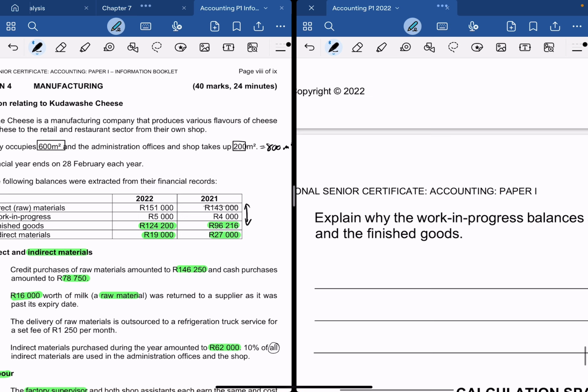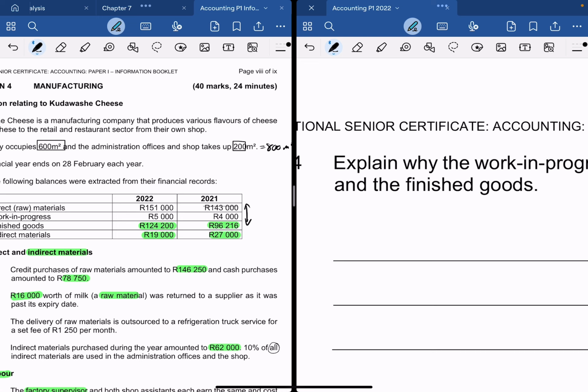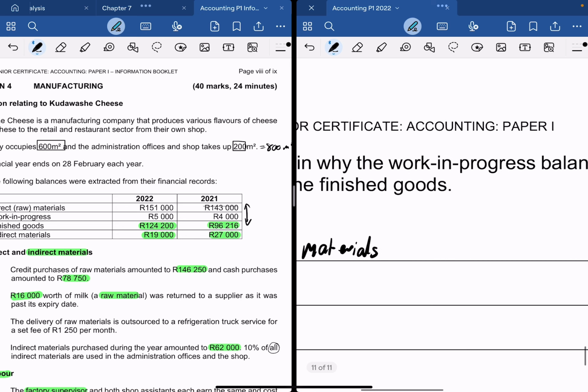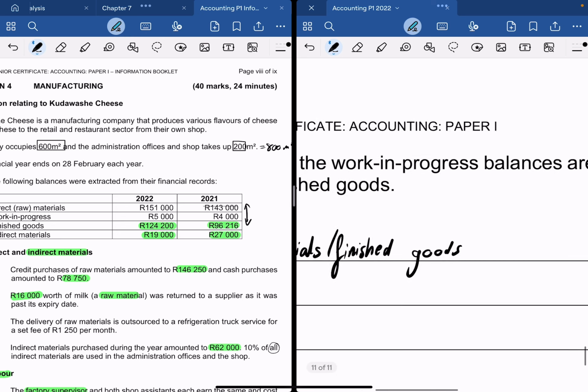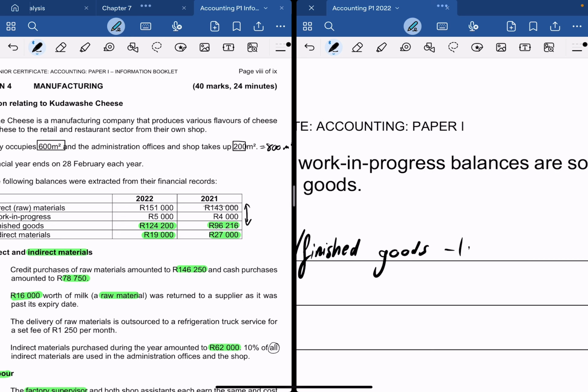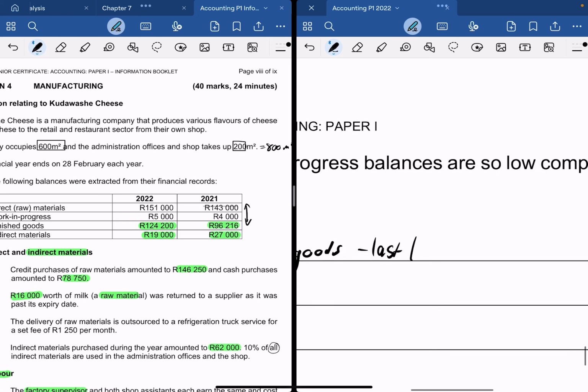First thing that you could think of, sorry, there was a bit of a pause there, is our raw materials and our finished goods, they last longer. Like cheese can stay in the fridge for quite a while, and long life milk lasts for quite a while, right?